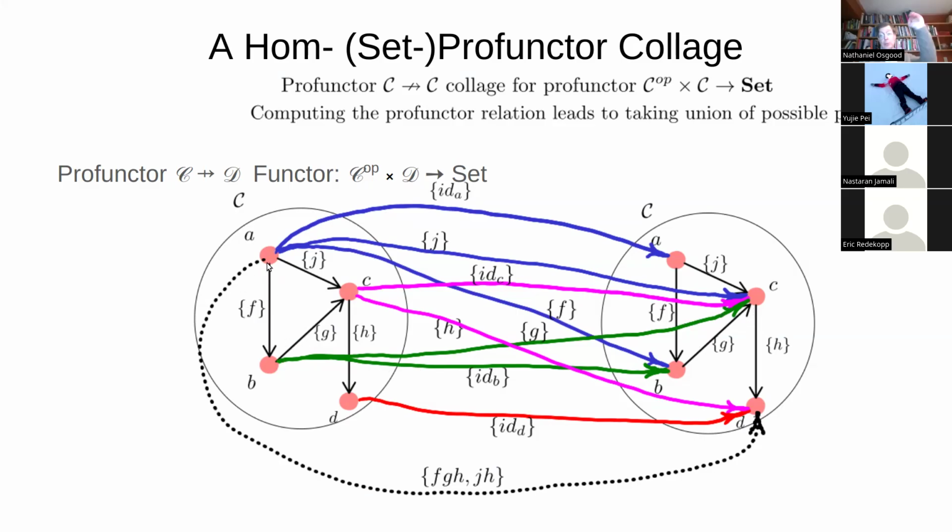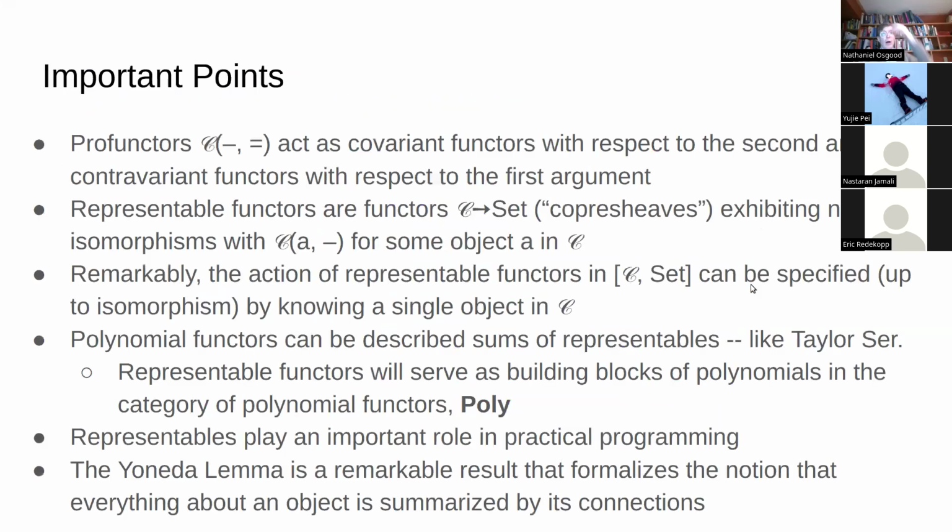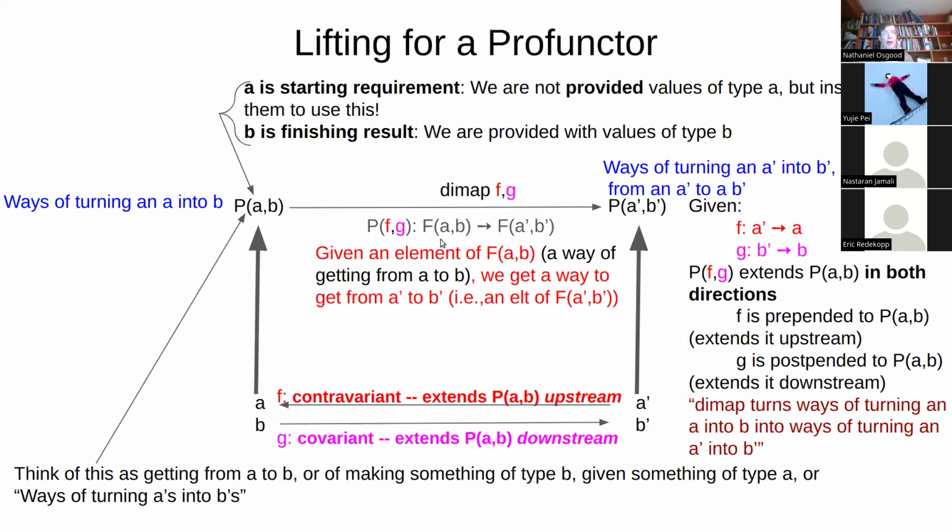We get it from the upstream one because we have a path. A profunctor going from B to C can be lifted with a function from A to B to give us the value for the profunctor, the set from the profunctor from A to C. And that was kind of the idea with this, right?